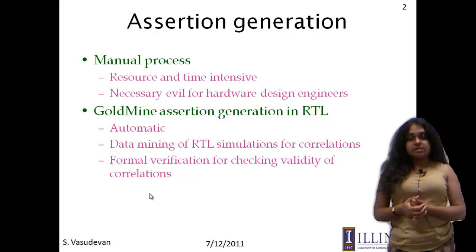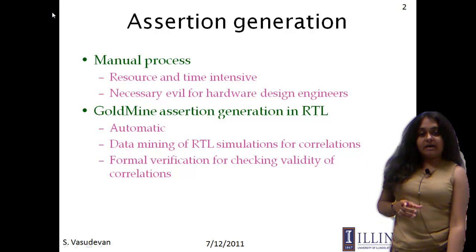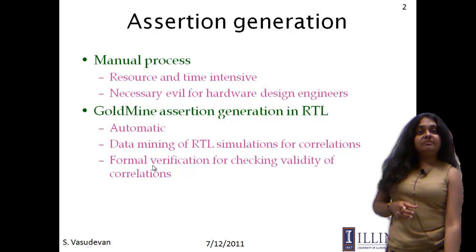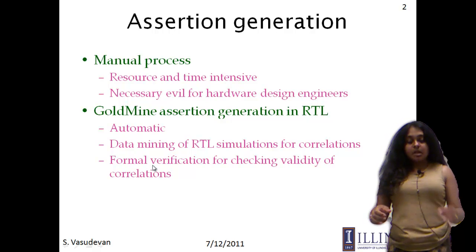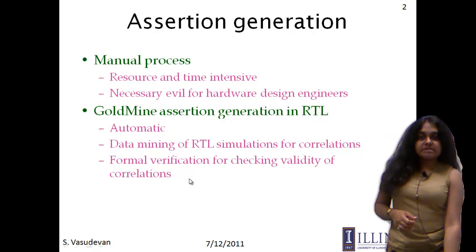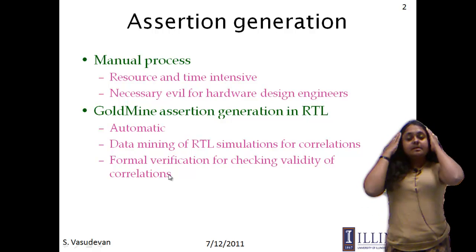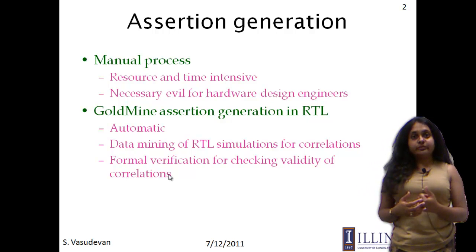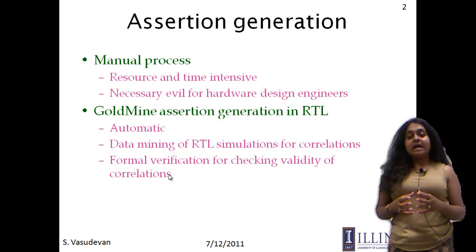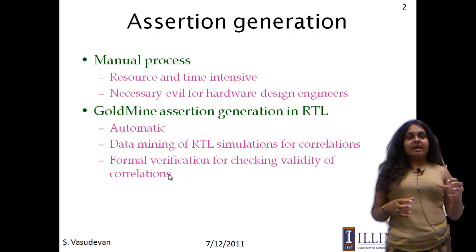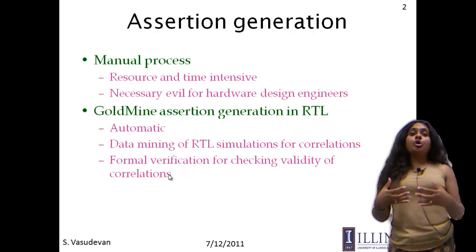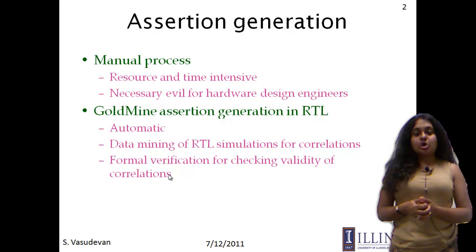These correlations are validated using a formal verification engine. So the work that I'm presenting to you today is based off Goldmine, in that it uses the idea of data mining plus static analysis in order to generate assertions automatically.